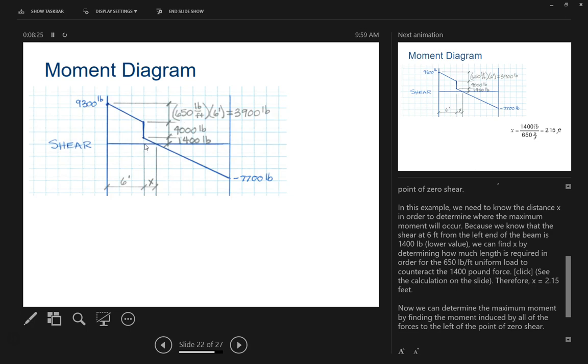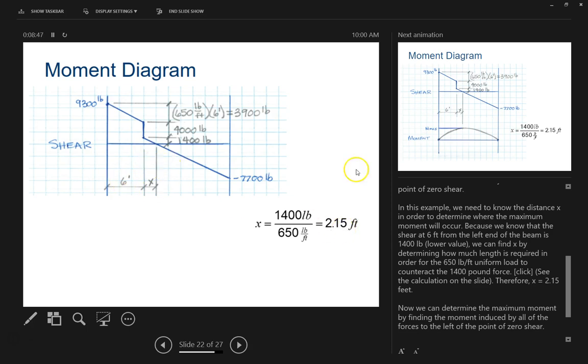So we can find X by determining how much length is required in order for the 650 pounds per foot uniform load to counteract that 1,400 pound force. So when we do that, we are left with 2.15 feet.